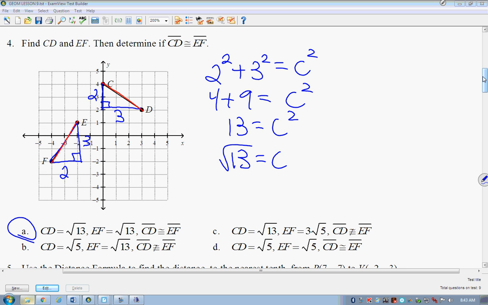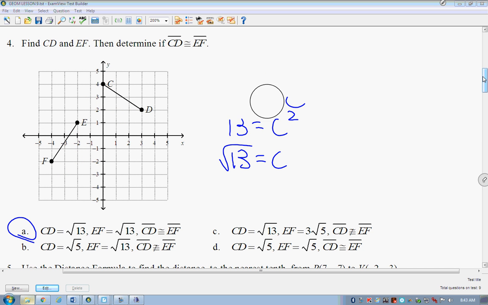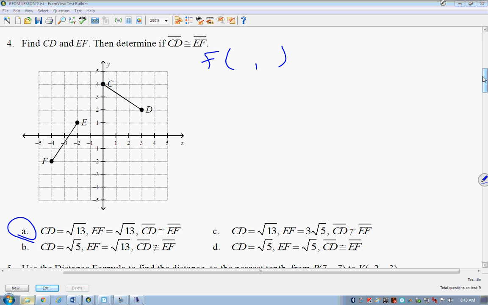Now, if you're going to use the distance formula, it's going to take a little bit more because the distance formula requires that you know the coordinates. So for F, you have to know that that coordinate is -4 and -2. For E, you have to know that that coordinate is -2, 1.